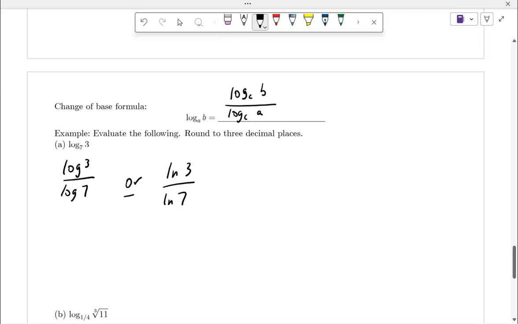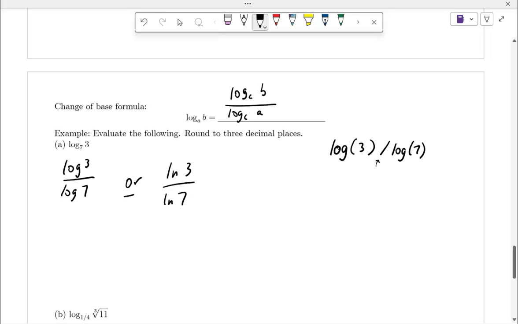You'll get the same answer when you type it in your calculator. When you type these in, if you've got a calculator that puts a parenthesis there, make sure you close it off first if you're typing it in that way. You do not want the division sign inside the log function.